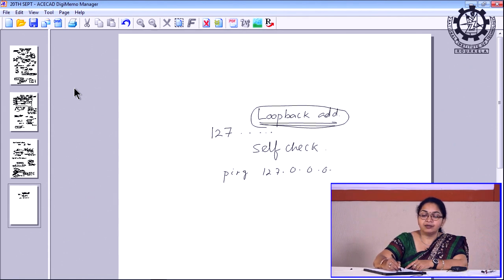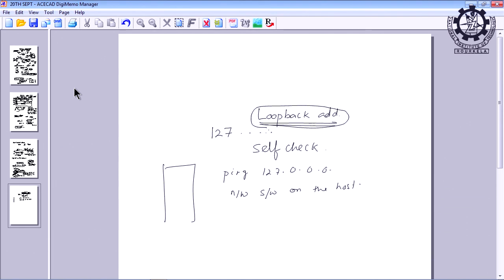It is a special kind of address to test the network software on your machine, on the host. It checks all the network protocol stacks, saying that they all work fine, and your host is now eligible to be connected to a network, and it can receive packets or send packets further.